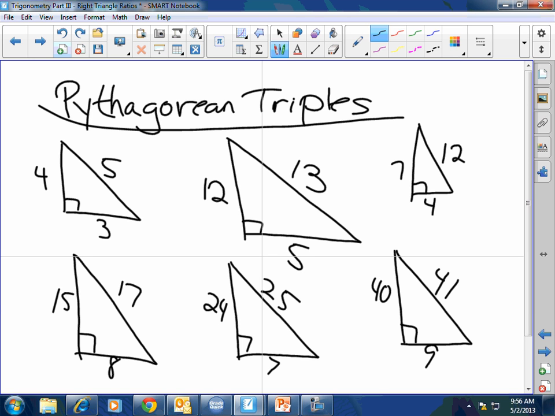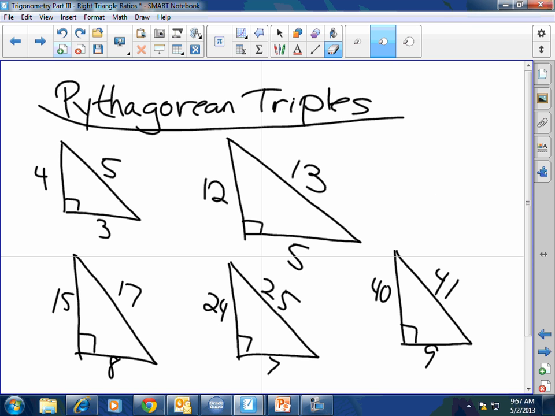It doesn't mean that it's a right triangle. 4 and 7 aren't known Pythagorean triples. The ones I'm showing are tried and true, already there for you because they're very often used.